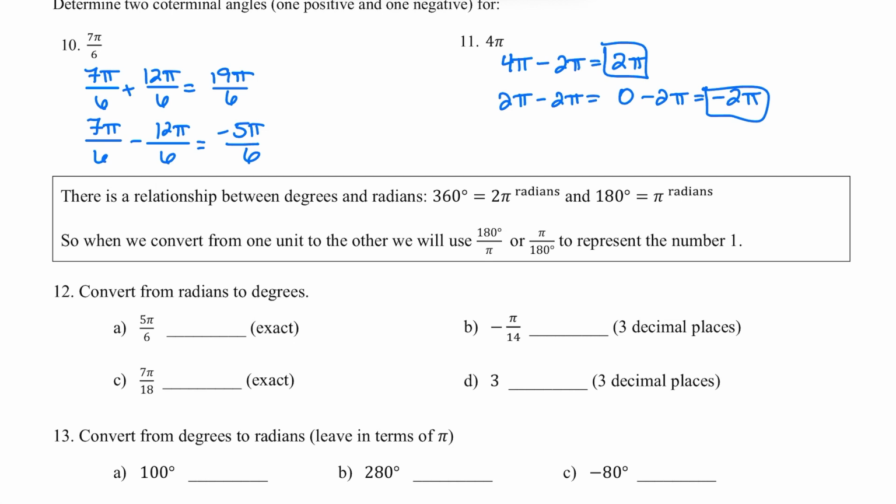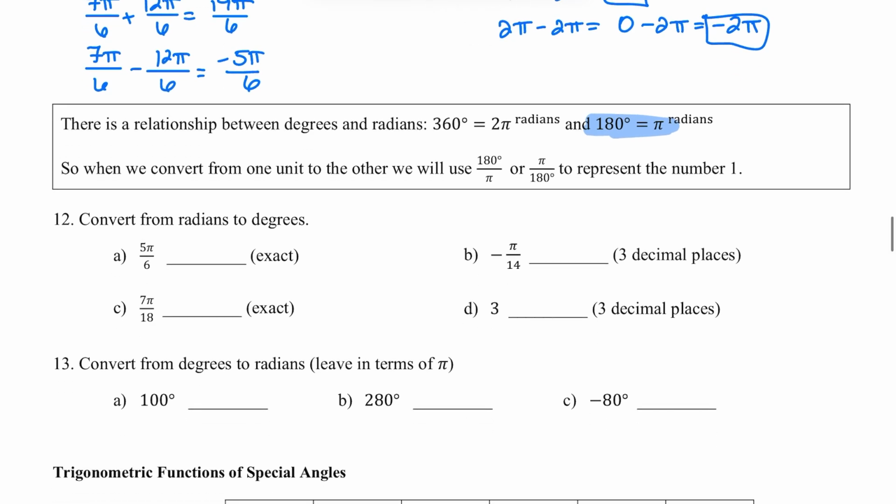Well, if the relationship between a full circle in degrees is 360 versus 2 pi radians, that means that I can reduce that and say that, well, if 180 degrees is a half a circle and pi is also a half circle, then that means that they're the same. So what we're going to be doing here is we're going to convert from one to the other.